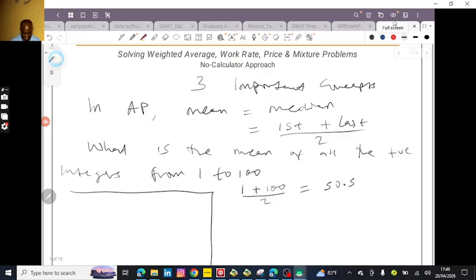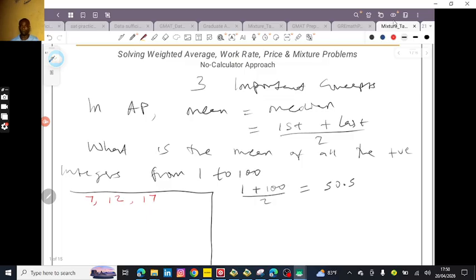As I've said, arithmetic progression is like 7, 12, 7 plus 5 is 12. So the next one is 17. Now, the mean and the median: you will see that 7 plus 17 is 24. 24 divided by 2 is 12. So the mean and the median is that.